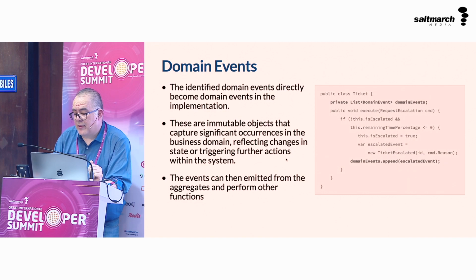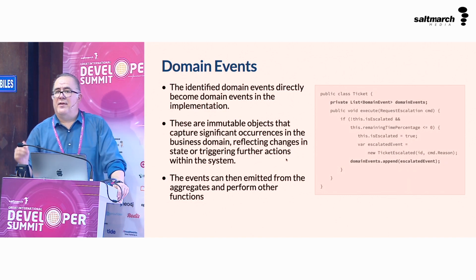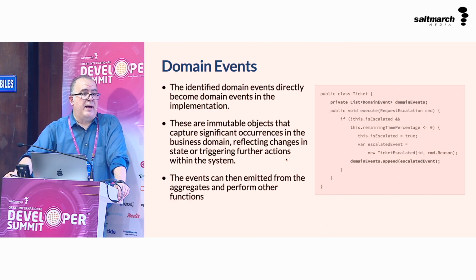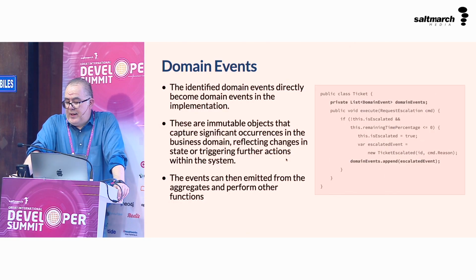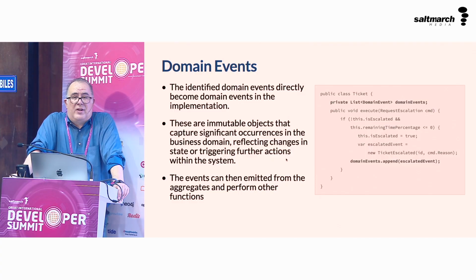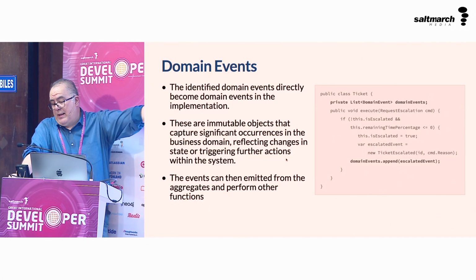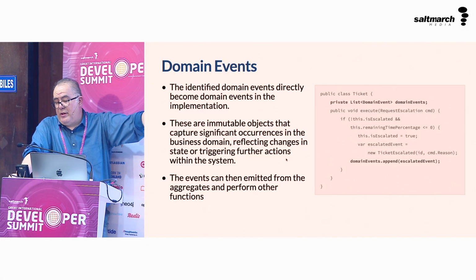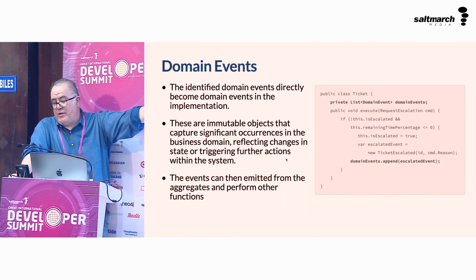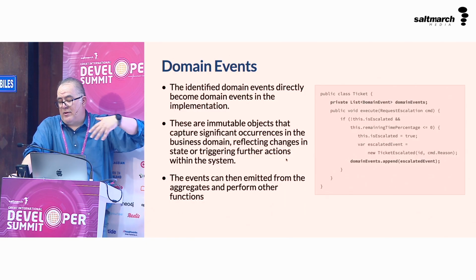Domain events are things that are happening within your object. This just happened, this just happened, this just happened. So if you're thinking about doing any kind of event sourcing, for example, you capture these domain events as they're happening. You can put a timestamp in them. And if you want, you can emit them from your application, or change the way it looks before you send that out into a messaging system.